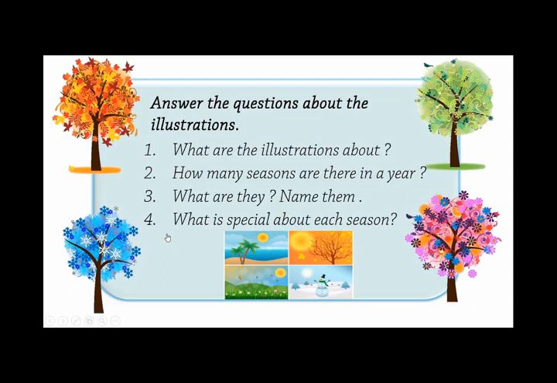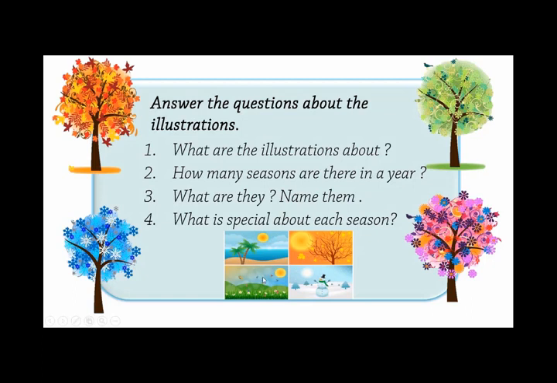The last question is, what is special about each season? Look carefully. I guess every season has something special. In summer, for example, it gets very hot. In fall, everything turns yellow, orange, brown, and the leaves fall down.